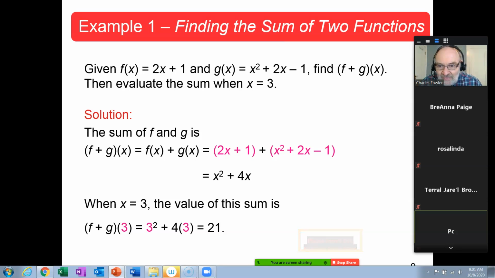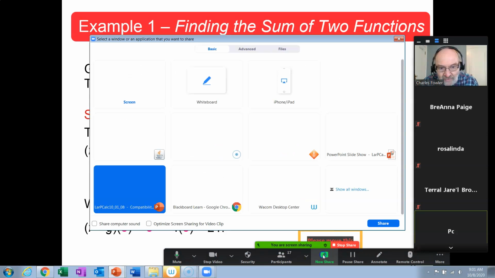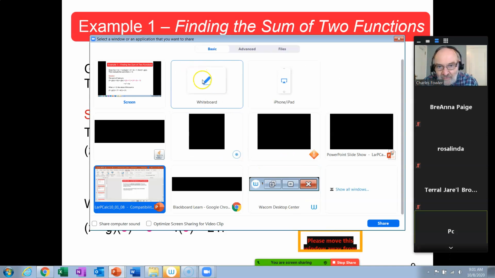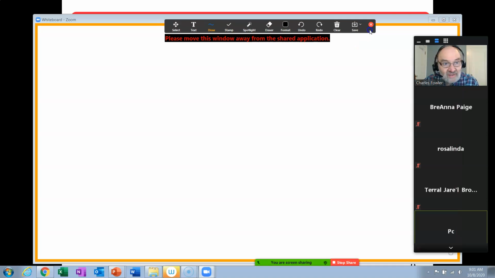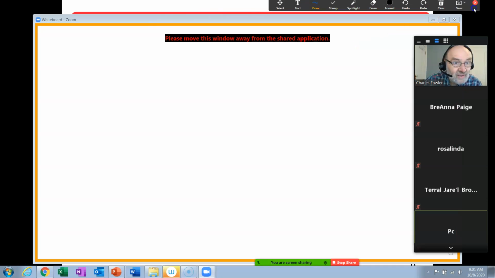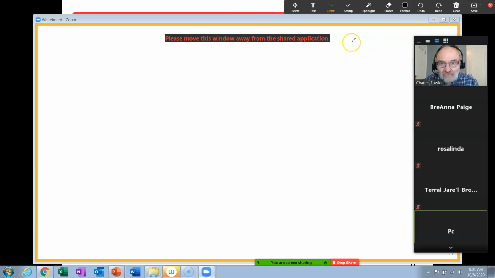All right, so that is example 1 so far. I was talking about the checkpoint. I was just going to go to the whiteboard so we can do example 2. And of course, I've got to do a little bit of adjustment to the whiteboard. One is that this taskbar is in my way. It's covering part of the whiteboard that I can't use.